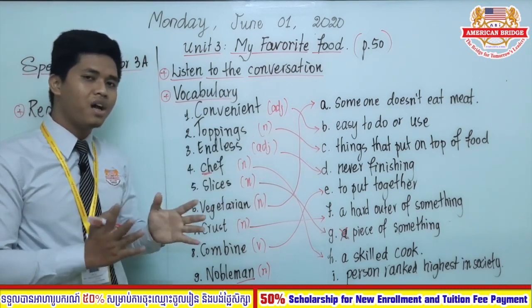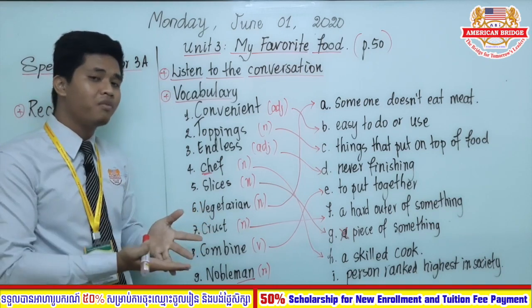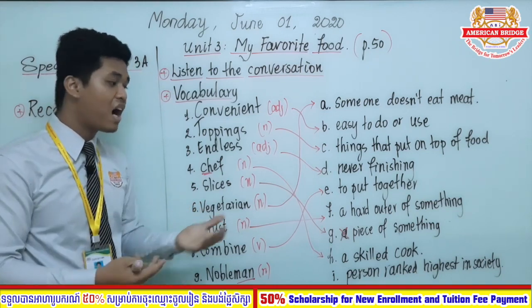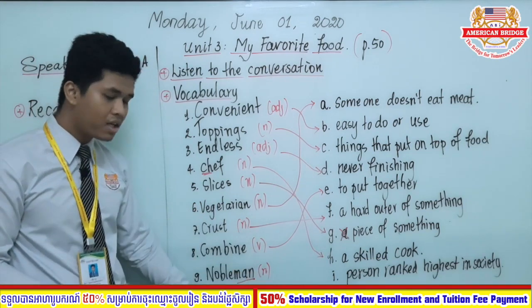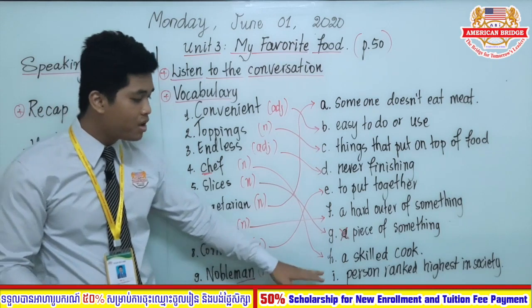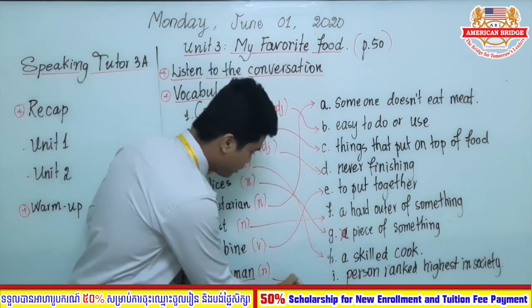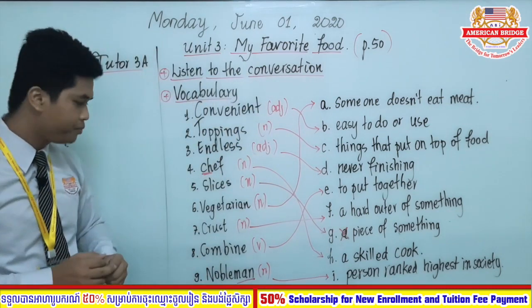So in the past, we had slaves, we had middle-class families, and we had the leader of the country, which is the highest rank in that society. So here, nobleman refers to the person ranked highest in the society. They are powerful and they are smart.